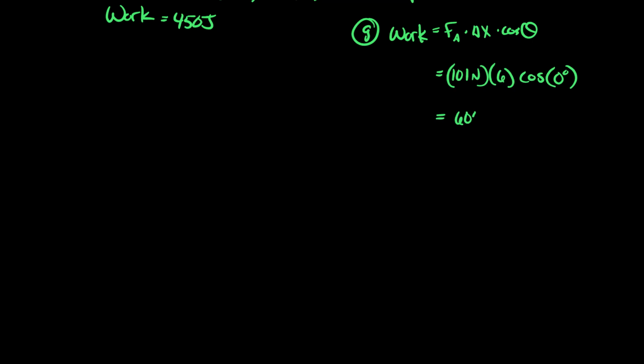Looks like 606 joules of energy. That's how much work I had to do. So, quite a bit more. You know, friction, you're going to pay a friction toll there.